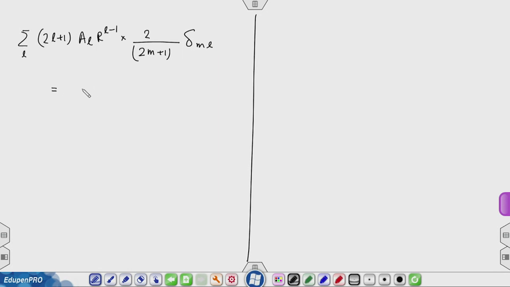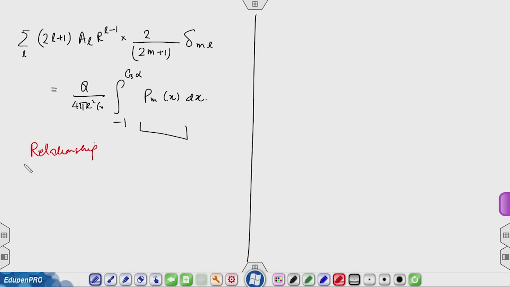is equal to q over 4 pi r square epsilon 0 integration minus 1 to cosine alpha P_m x dx. Now, to integrate this, I am going to use a relationship.